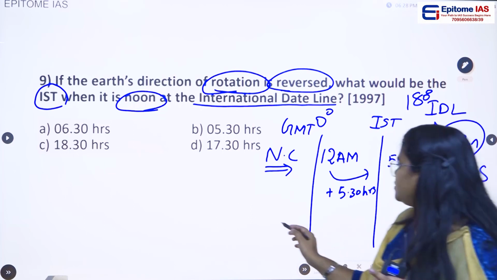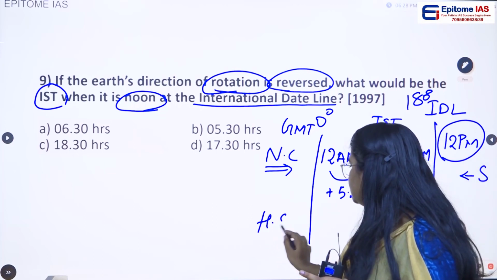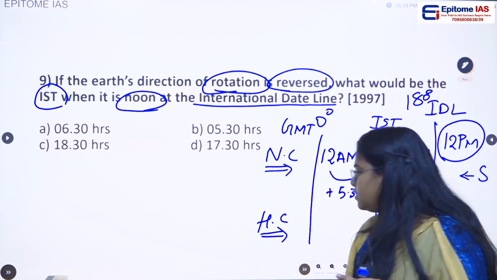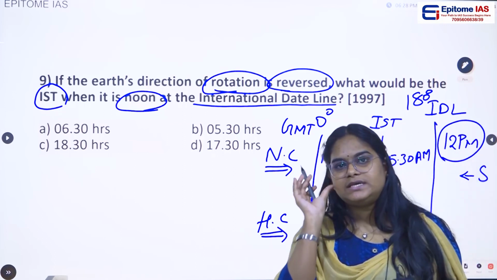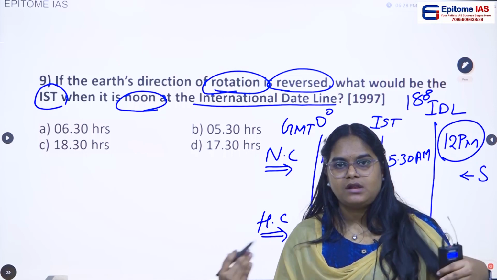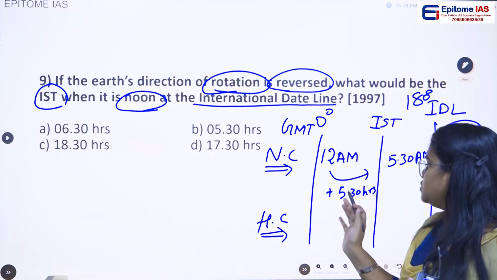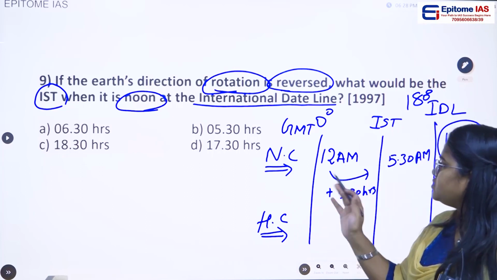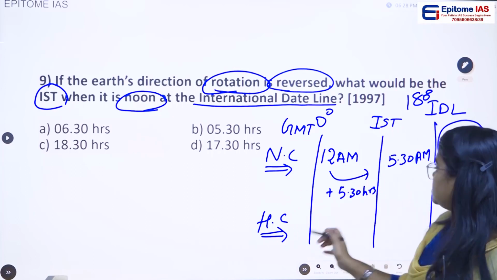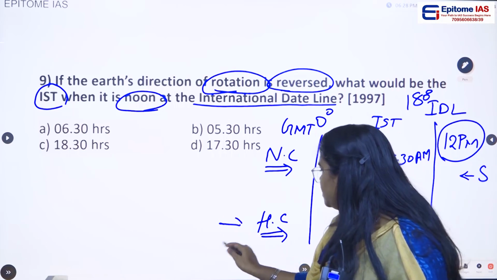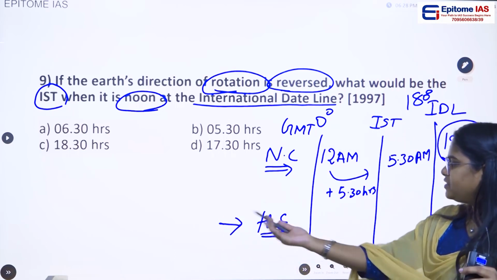Now let us go back to the hypothetical case given in the question. In the hypothetical case, what they are saying is the reversal of the rotation of Earth. So now the Earth is rotating from the east to west, not from the west to east. So the Sun will be rising from this side, from the west.